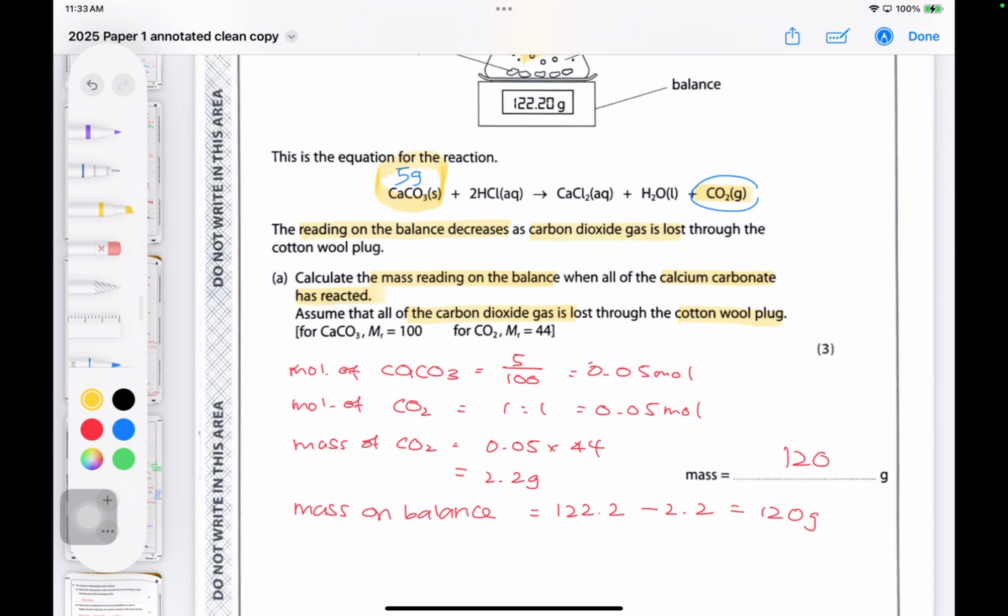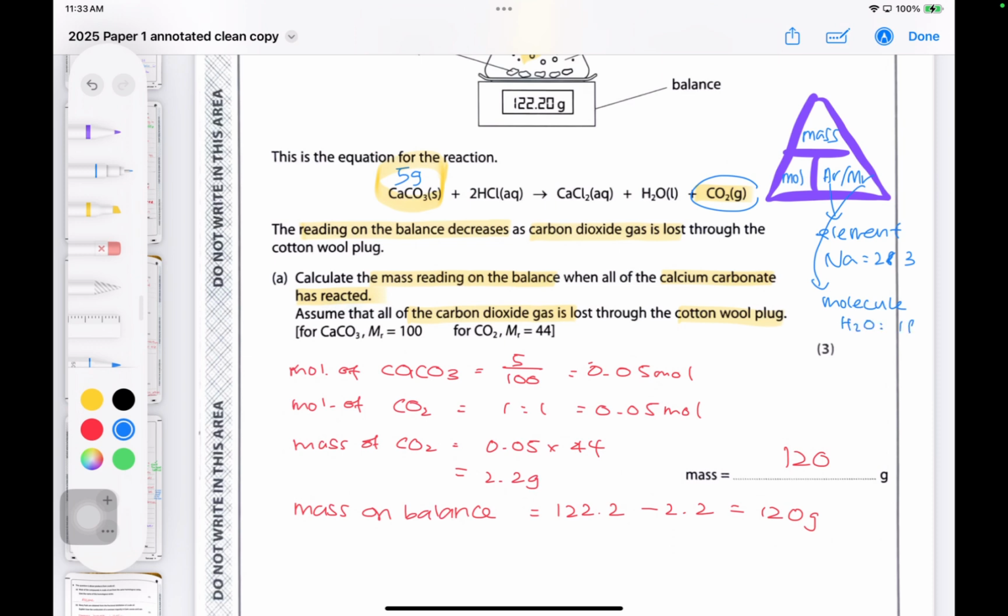So the first thing you want to do for any mole concept question is to just draw out the triangle: mass, mole, and then followed by AR or MR. The main difference is AR is for element, for example the mass of sodium is 23. MR is for molecule or compound, for example H2O, the mass of it is 18.